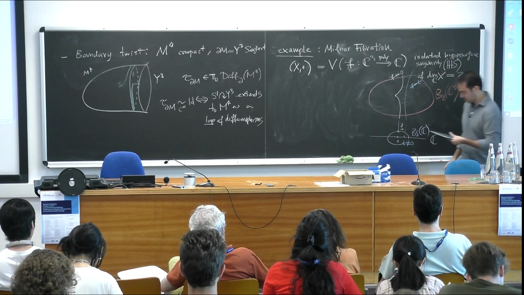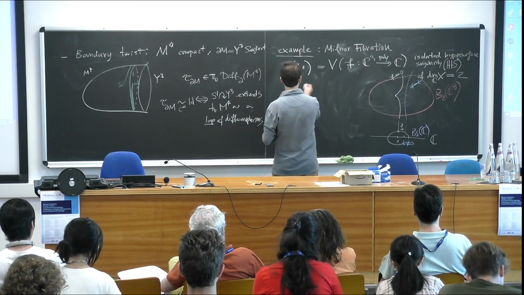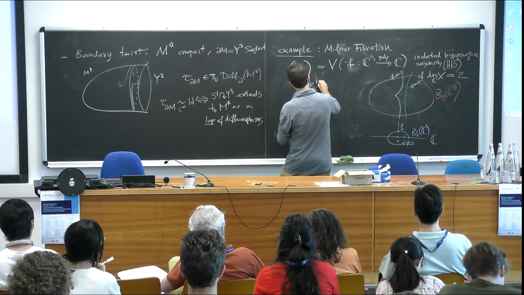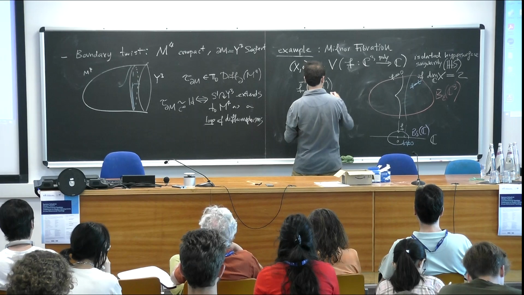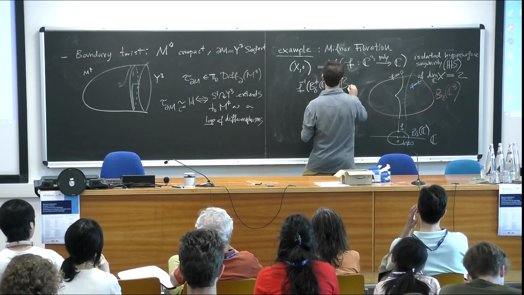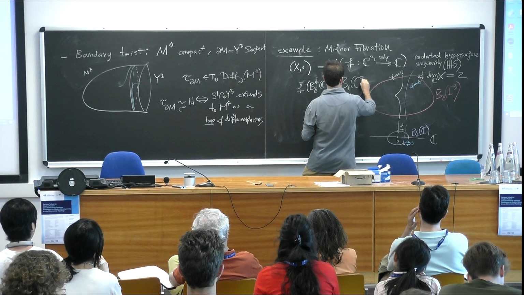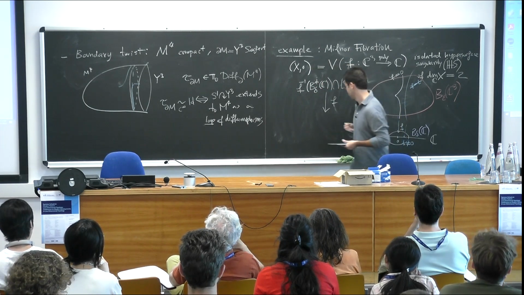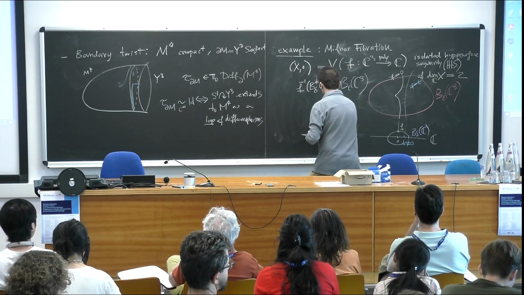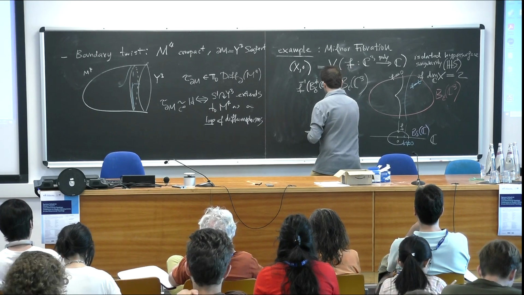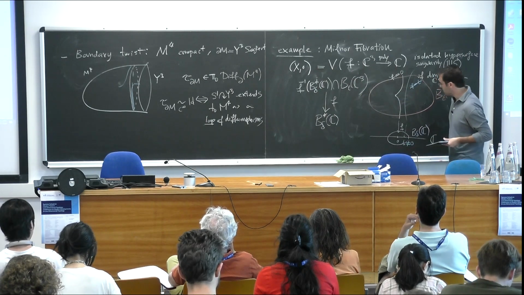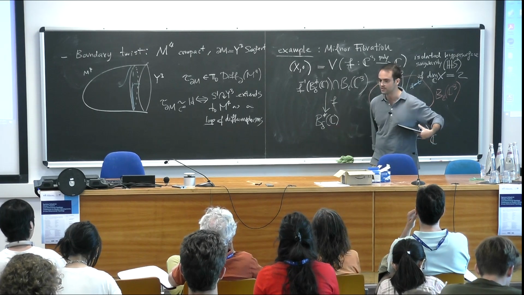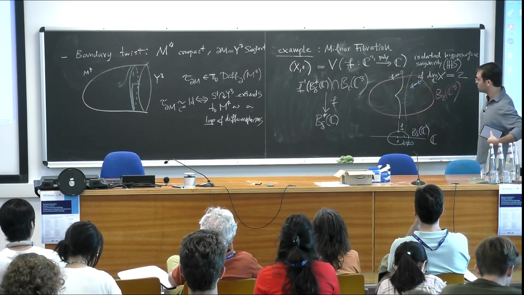Okay, so we have a family fibering over the punctured disk of radius delta in the complex plane.